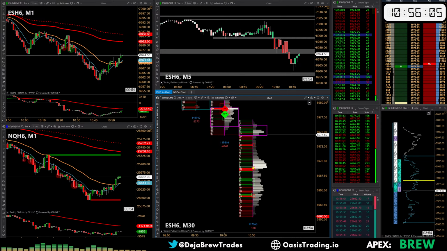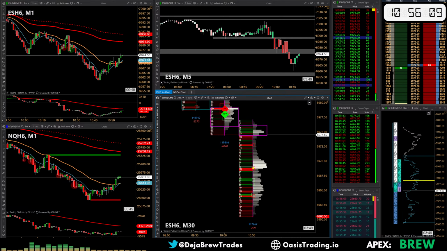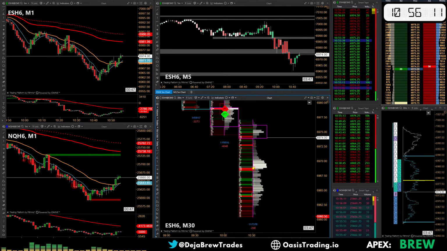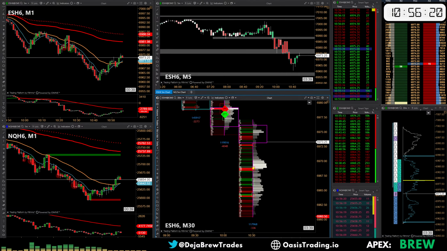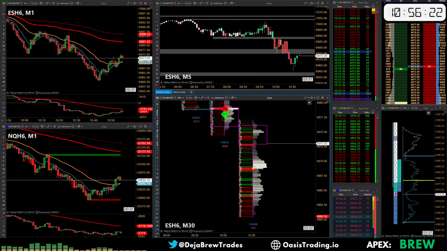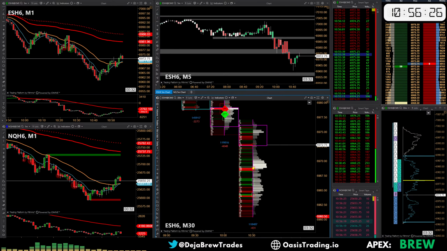So what I do instead of that is I have the sizing guides. I have a couple of sizing guides on Apex on YouTube that talk about the proper size for that type of account. So if you're using the 50K account, if you're using the 250K account, I give you a proper size that is a quote unquote safe size, that you could lose a few trades and not blow the account up.